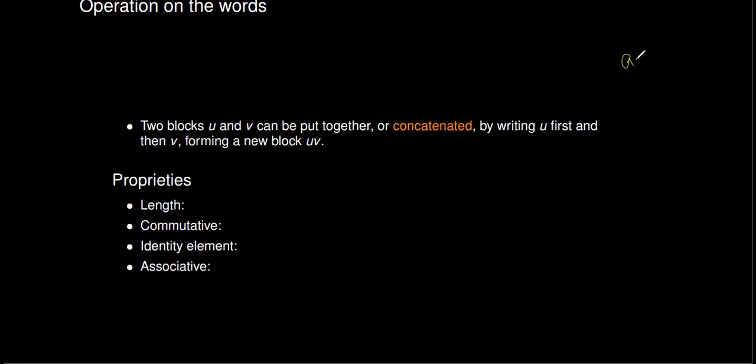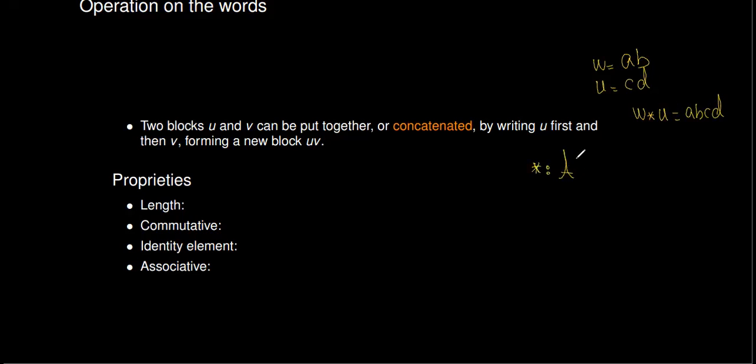For example, if W would be AB and U would be CD, the concatenation of W and U would be ABCD. Generally, this is a binary operation.